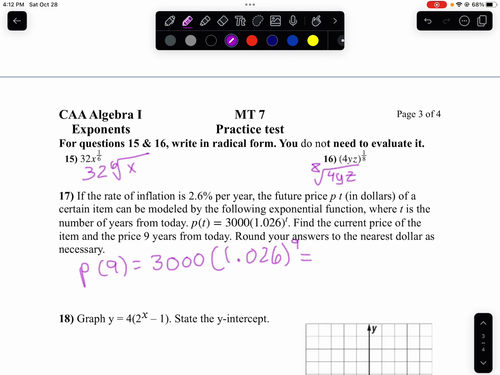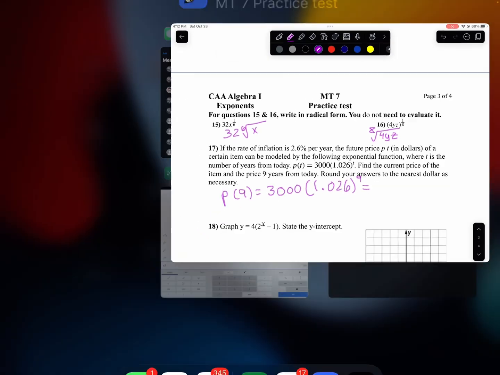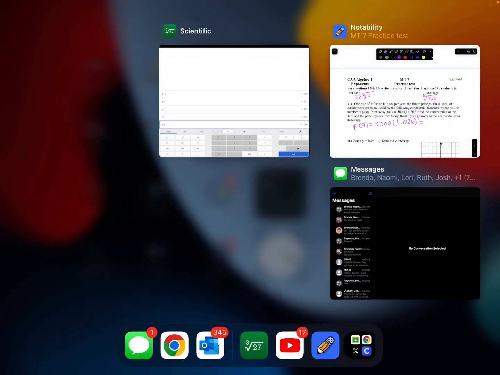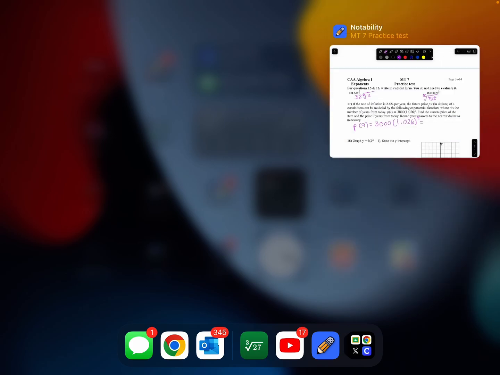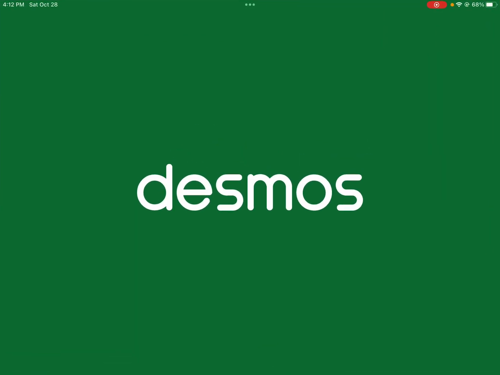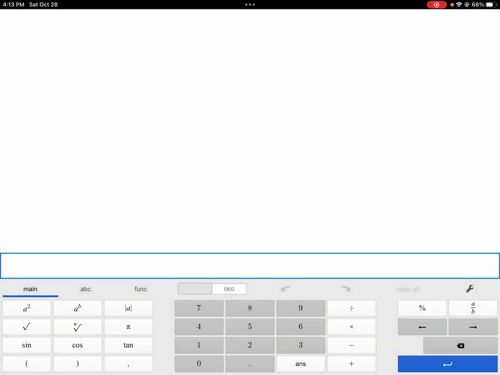So we'll round that to the nearest penny. So we take our calculator out and we go 3,000, whoops, didn't mean to quit that. So we'll go 3,000 times 1.026. We're going to raise that to the 9th power.